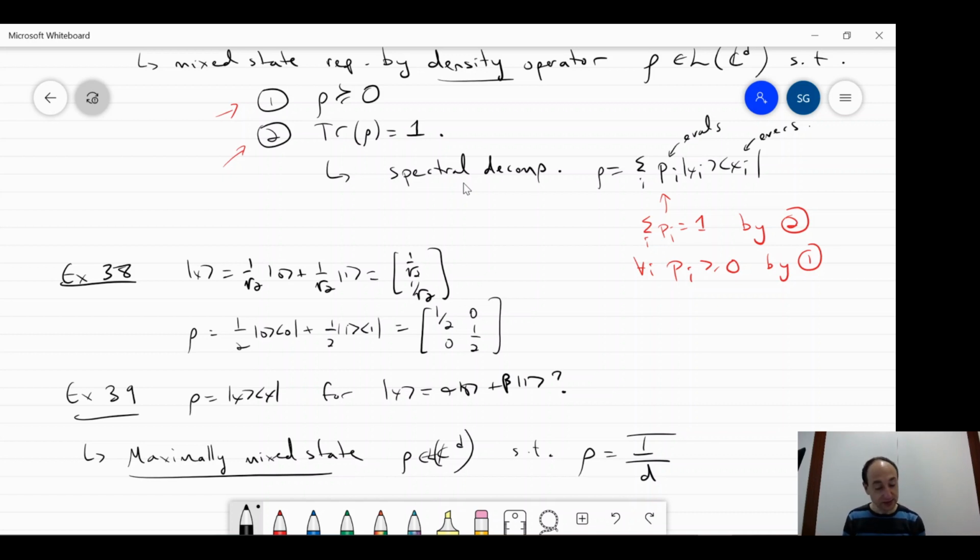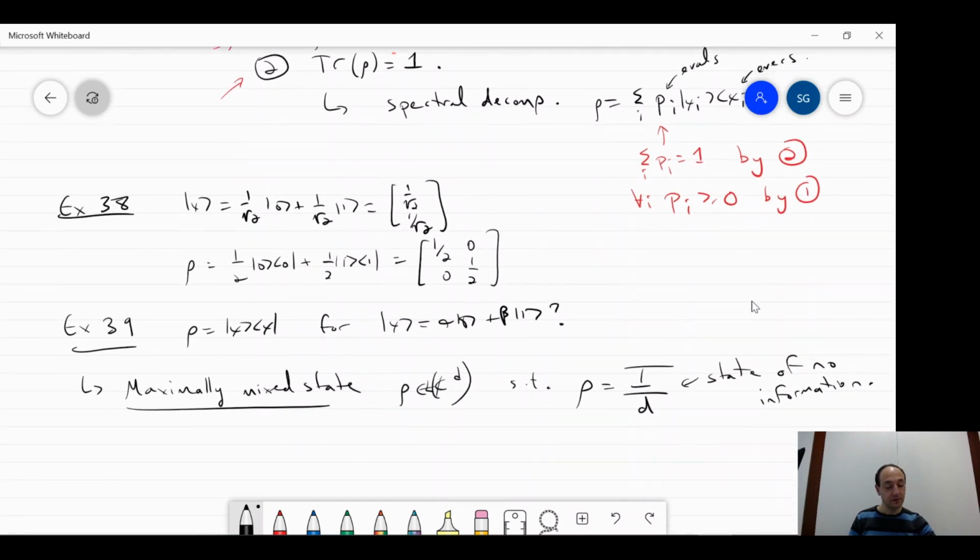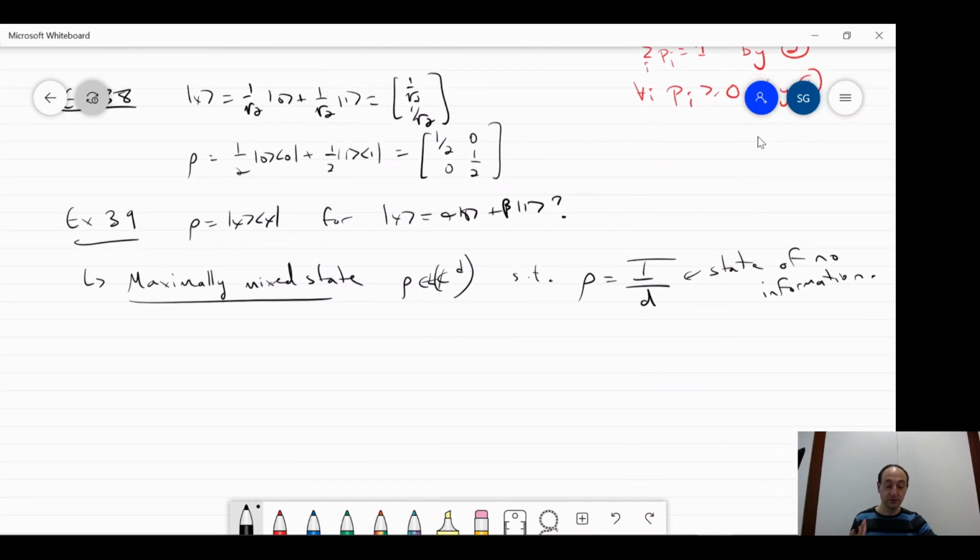The maximally mixed state is the state of essentially no information. If my state is the identity, then it tells me that I know absolutely nothing about my state. It's just completely random. It's like a random high-dimensional bit. So why do we take this interpretation of the maximally mixed state?